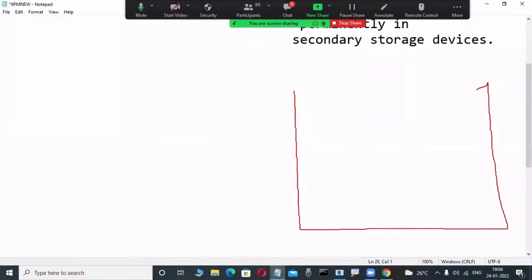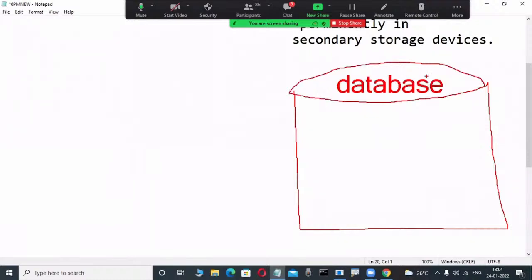That is called a database. But these databases, Oracle, SQL Server, DB2, Sybase, do not store a random collection of data. These databases only store a structured collection of data, stored in an organized fashion.